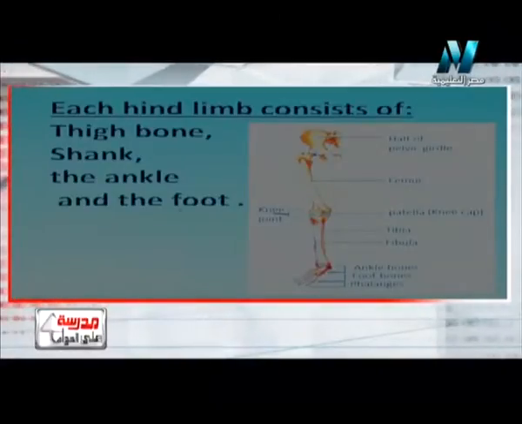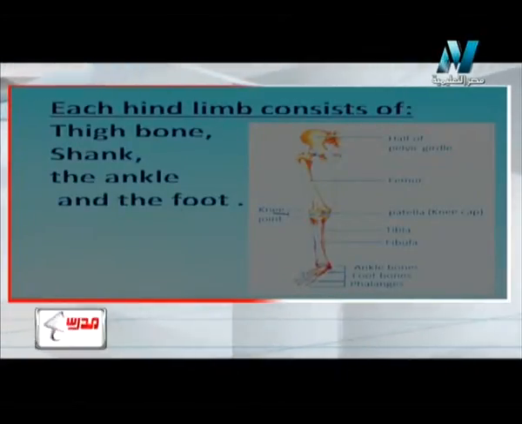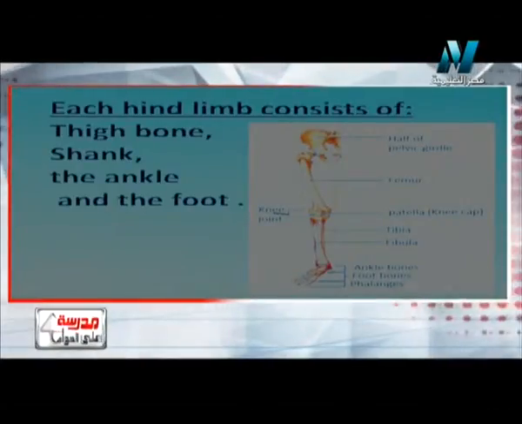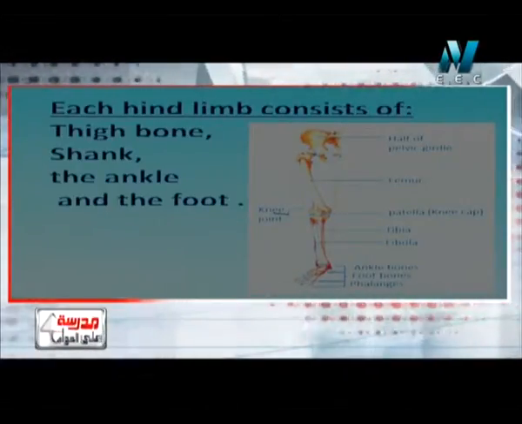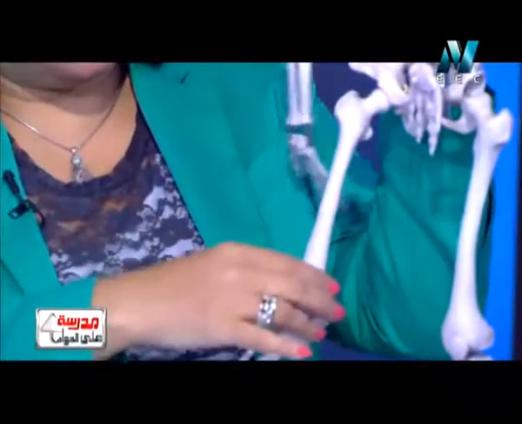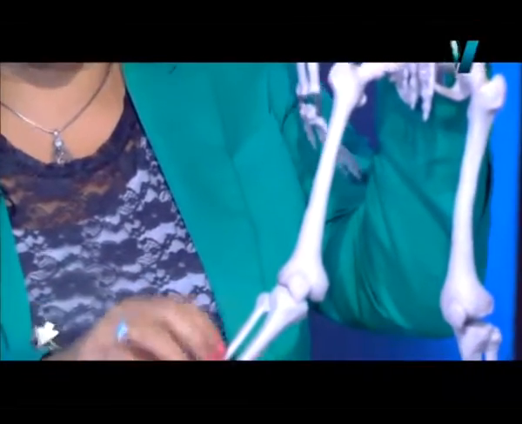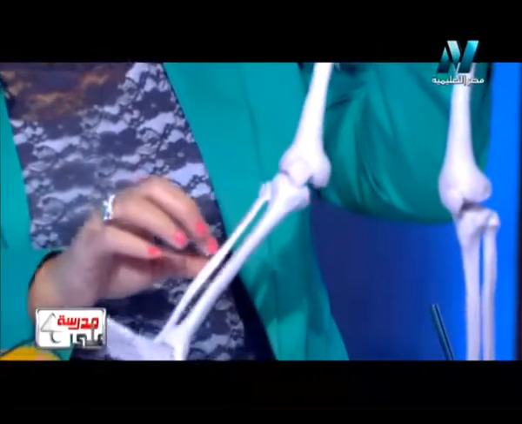Now we are talking about the hind limbs. Each hind limb consists of the thigh bone, which is called the femur, the shank, which is supported by the tibia and fibula, the ankle, and the foot.